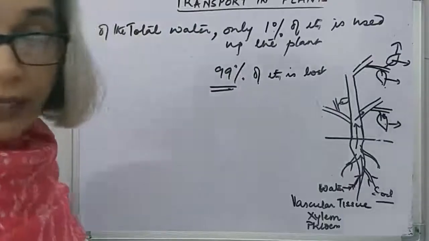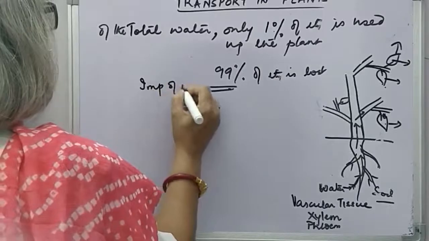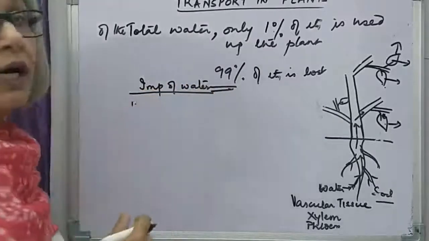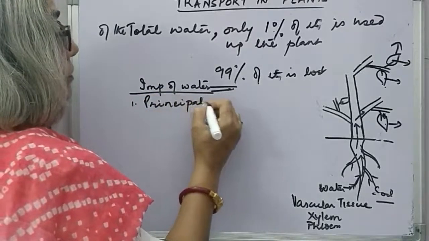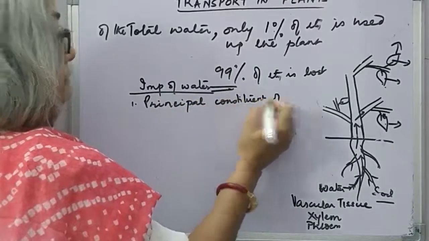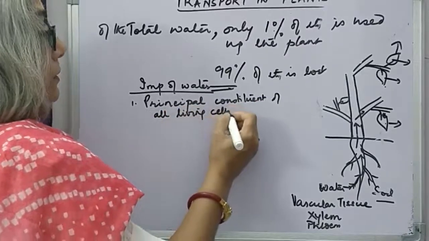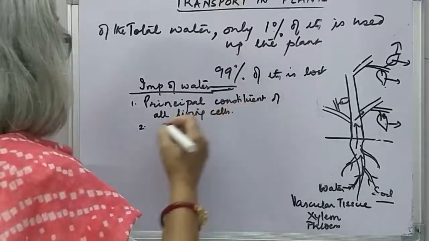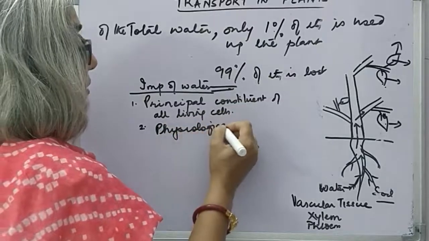Now we come to the next topic, that is importance of water. First, water is the principal constituent of all living cells. Then it is needed for various physiological activities that are taking place.